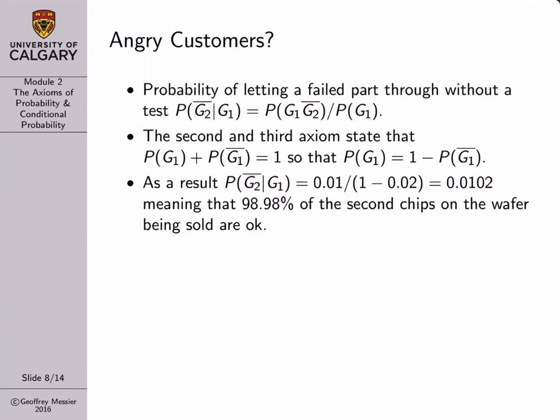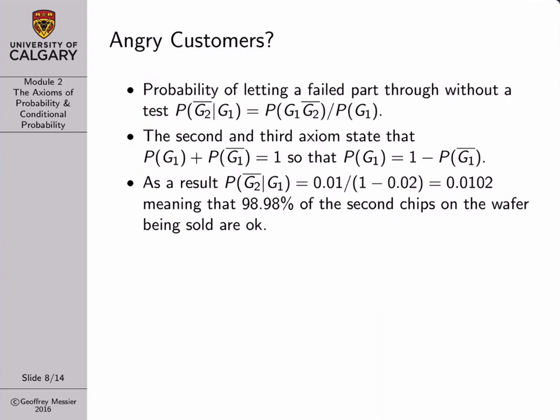So let's play with that sentence a little bit and rephrase it. If we know that chip 1 is good, what's the probability that chip 2 is still bad, right? Because that's the probability that it's going to get sent to a customer without being tested. Or we could say, given that we know chip 1 is good, what's the probability that chip 2 is still bad?